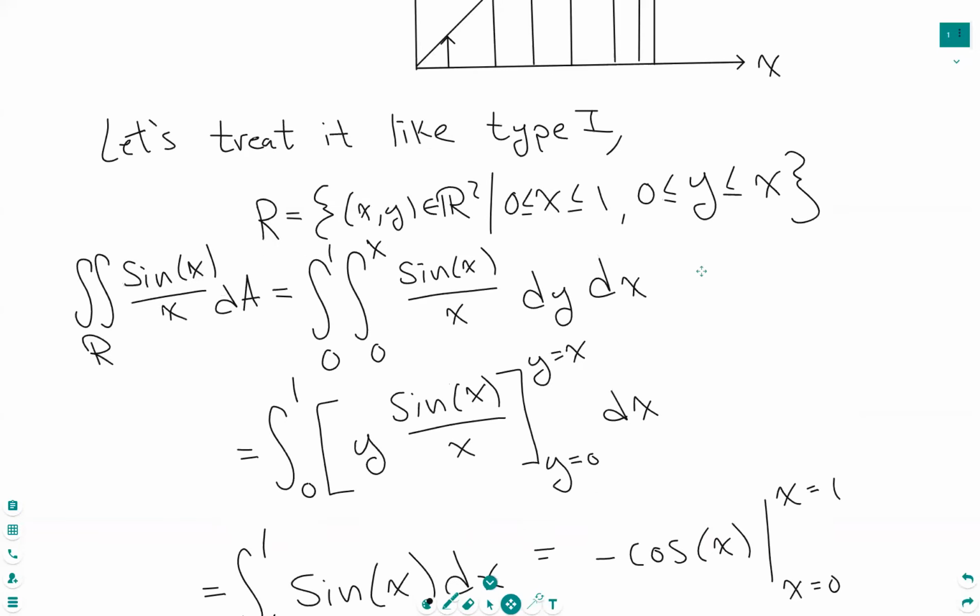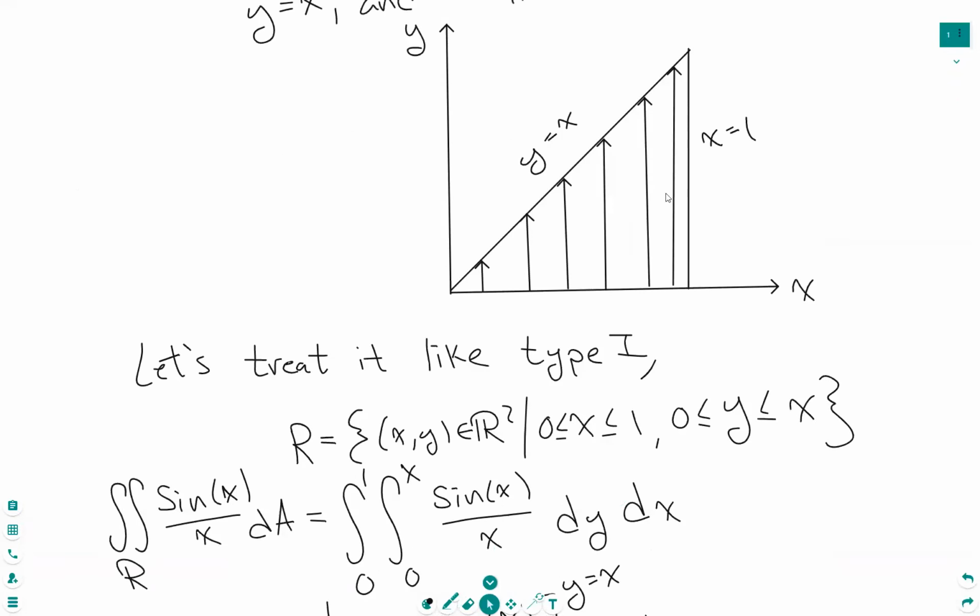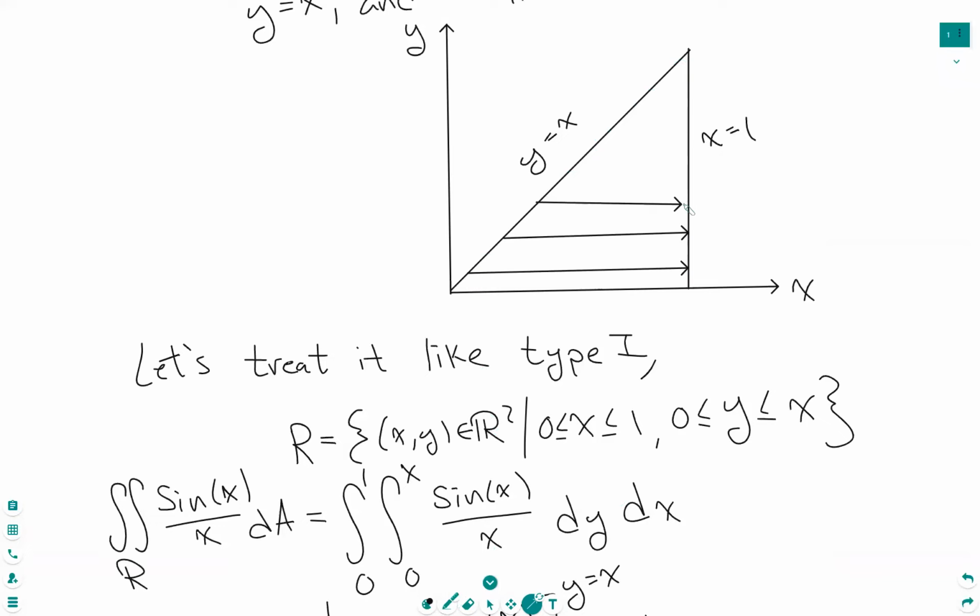So for a type 2, let's go back up to our drawing here. This is where we're drawing the traces in the other direction. So our traces are going in the horizontal. So they start at the hypotenuse and they go over to x is equal to 1. Right? And then what we're doing is we're going in the y direction, and we look at the whole range of the traces.